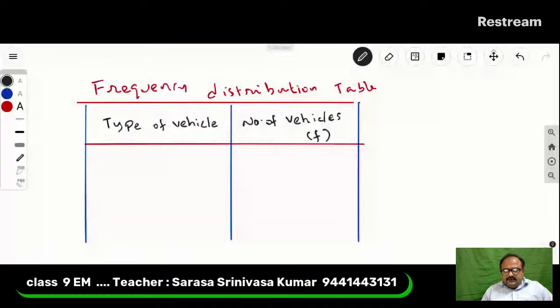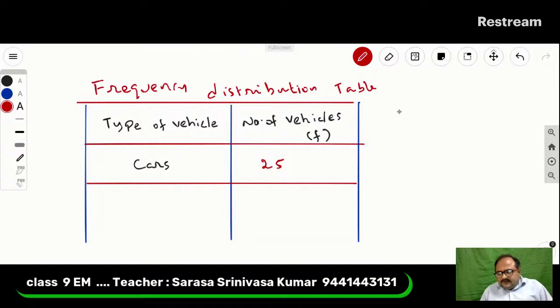Now what is the first one? We can write cars. The first one is cars. It has frequency 25. What is the frequency of cars there? 25 units. We should write the scale also.